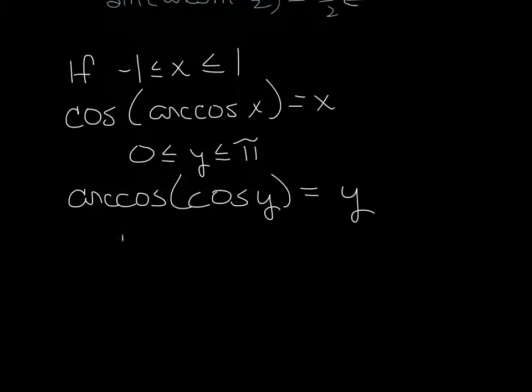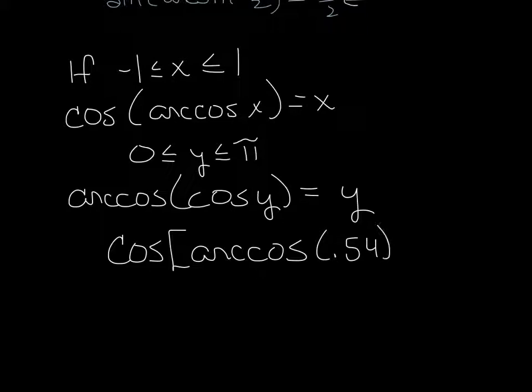So if I wanted to take the cosine of the arc cosine of 0.54, the domain of the inverse cosine has to be between -1 and 1. Does this fall in that domain?